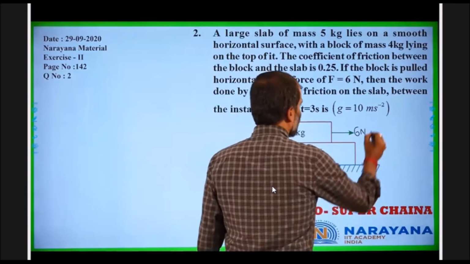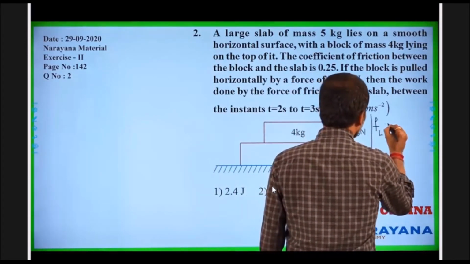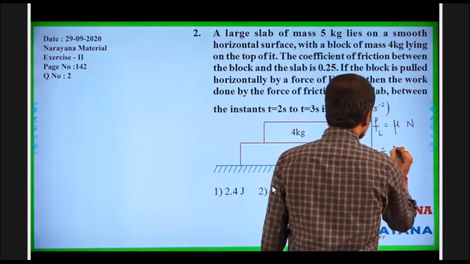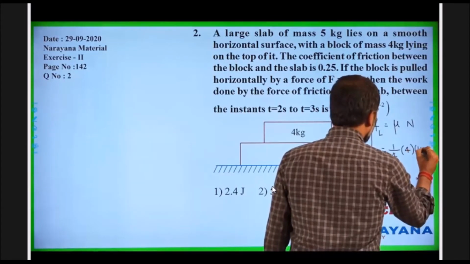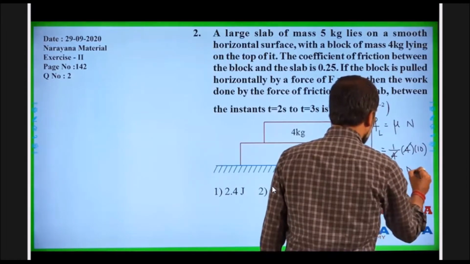Now let us consider the maximum static friction, or the limiting friction, between the blocks, which is mu times N. So mu is 1/4 into 4 into 10, and the 4 and 4 get cancelled, which equals 10 Newton.